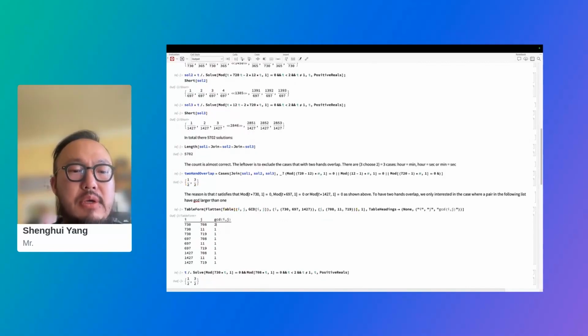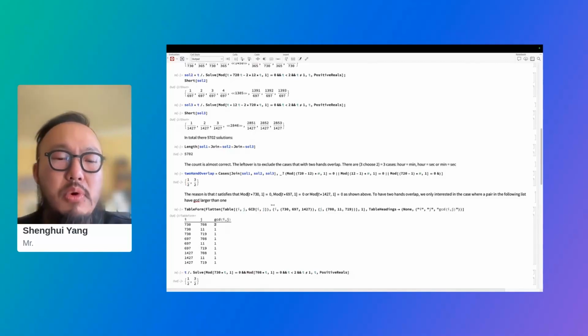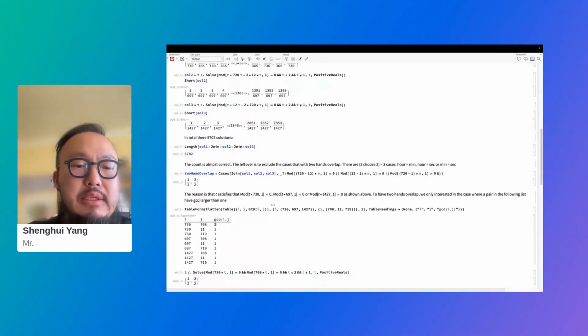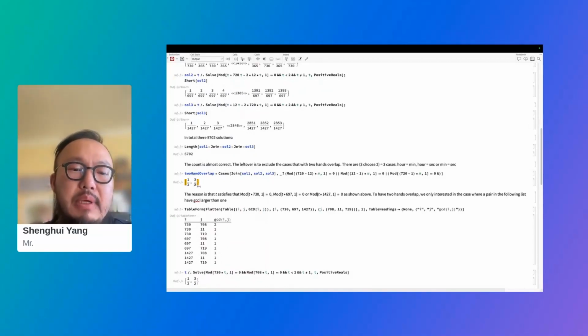So once you have any GCD more than 1, the fraction corresponding to that denominator in the solution will be the case where two hands overlap. Unfortunately, we only have one of them, and it's only 2. So we are pretty sure that we exclude only 2 points from the union of all the solutions we have for each case.